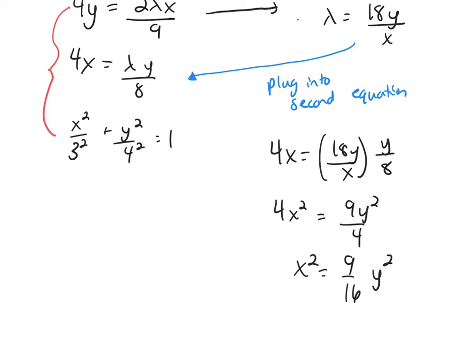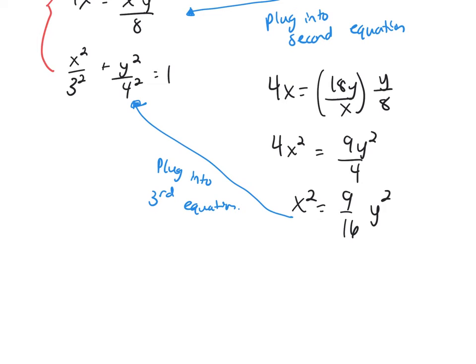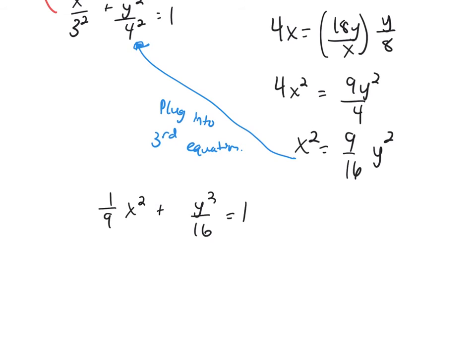And now you're going to take this and plug it into your third equation. So here you had 1/9 x squared plus y squared over 16 was 1, and you're going to replace x squared by 9 over 16 y squared.